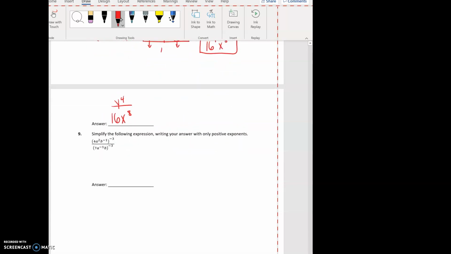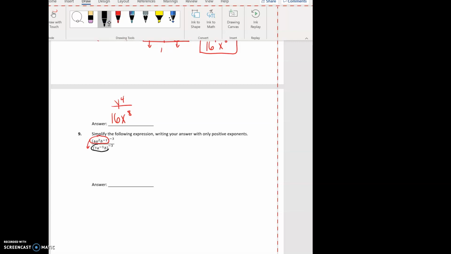All right, last example for this section, number 9. Simplify the following expression. Write your answer with only positive exponents. All right, so again, a lot of stuff going on here. One little trick we can do is think about all of this is being raised to the negative 3rd power. So I'm going to take all of that and flip it down there.